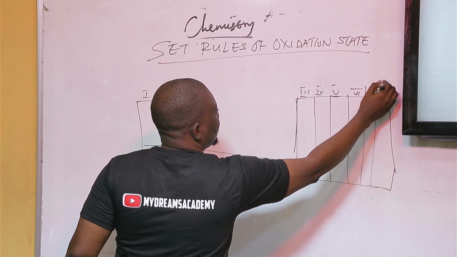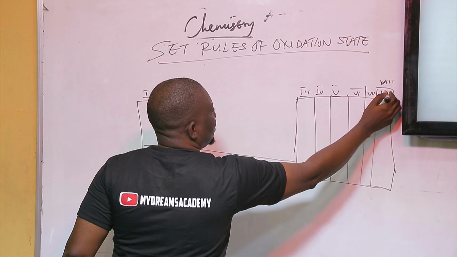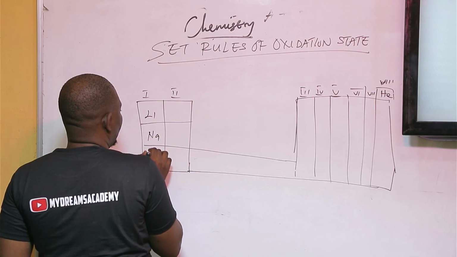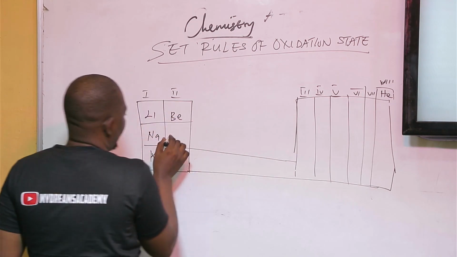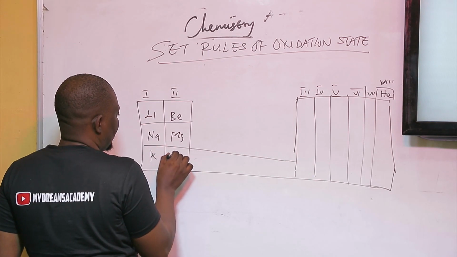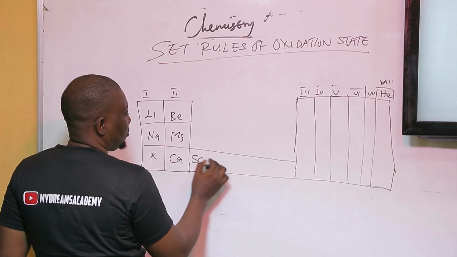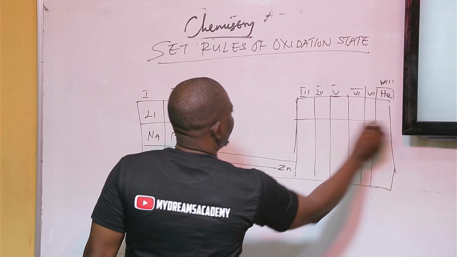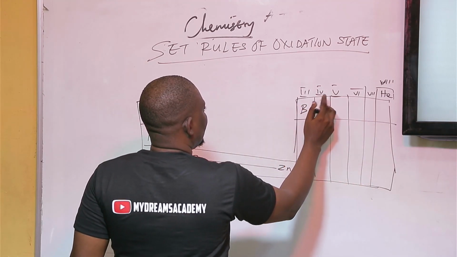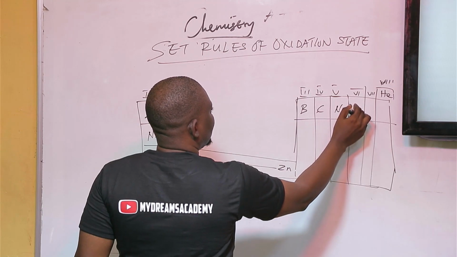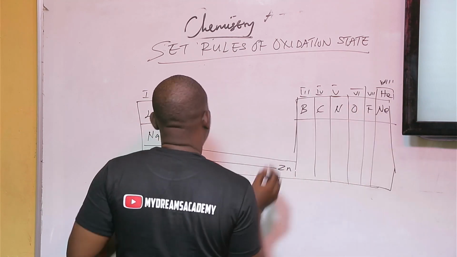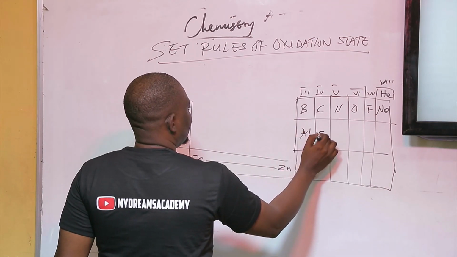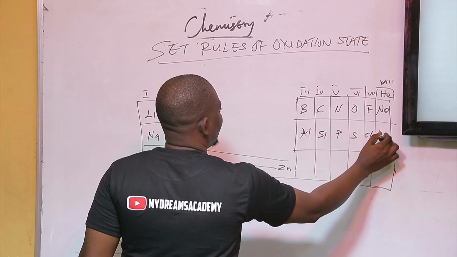This 8 is a little different, because here will be helium. Here will be lithium, sodium, potassium, beryllium, magnesium, calcium, scandium, stop here at zinc for the D block. And then here we have boron, carbon, nitrogen, oxygen, fluorine, and neon. And then here we have magnesium, aluminium, silicon, phosphorus, sulfur, chlorine, and argon.